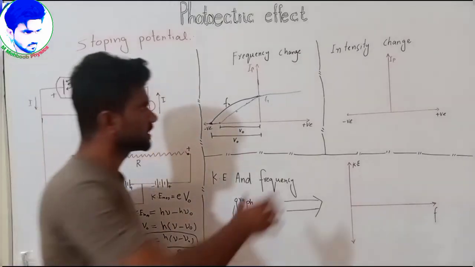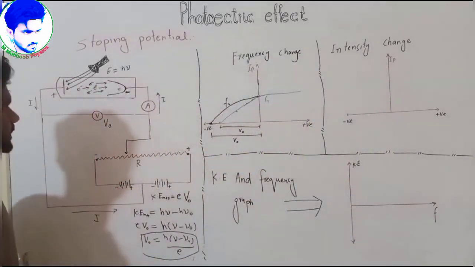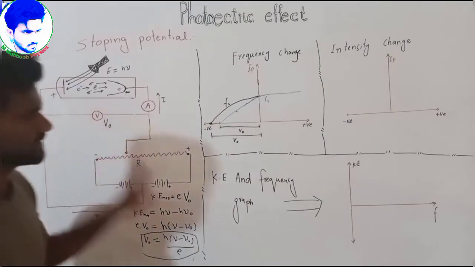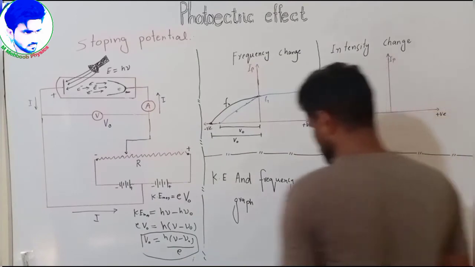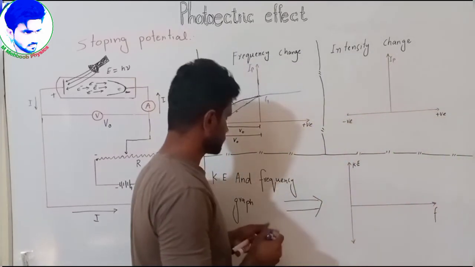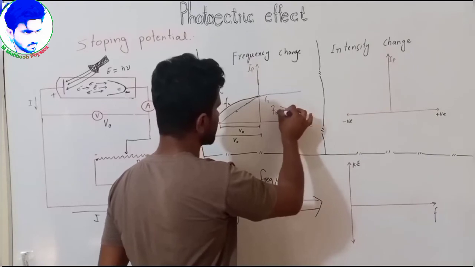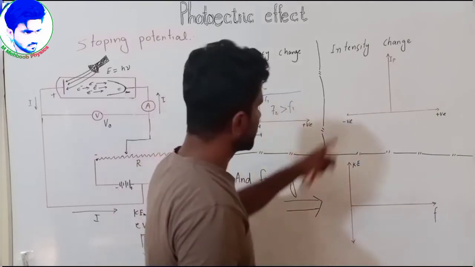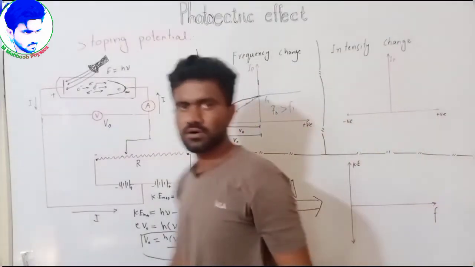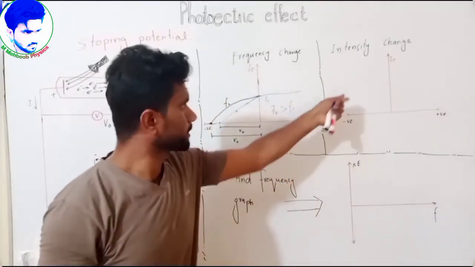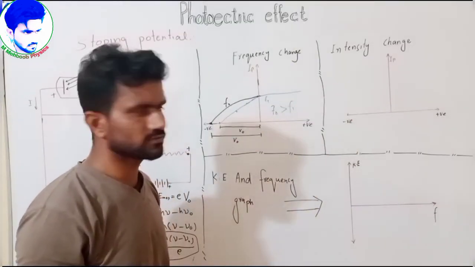So now comes the case of intensity, a change of intensity of the light. When we change the intensity of the light, let's suppose f2 is greater than f1. Now in the intensity case, we have two lights having the same frequency, and we only change the intensity of the light.